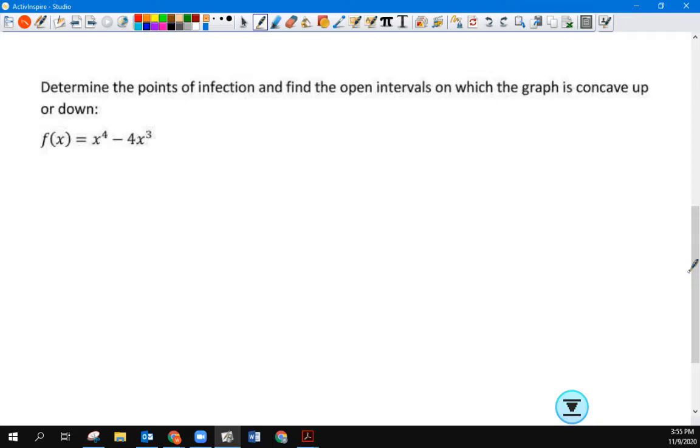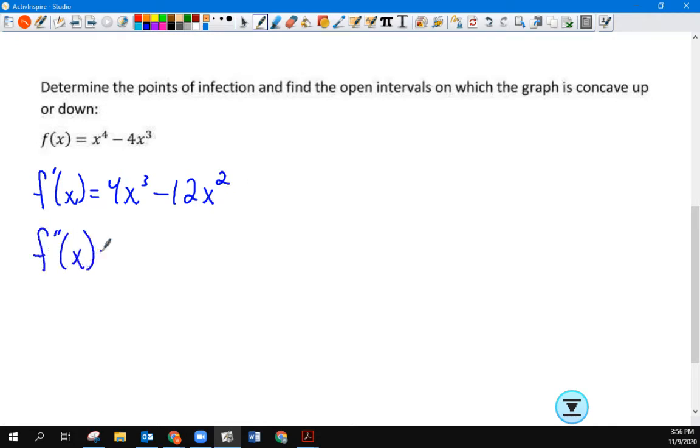Again, we start off by finding the derivatives. f prime of x is our first derivative. We get 4x cubed minus 12x squared. Then we go straight to finding our second derivative, and we get 12x squared minus 24x.